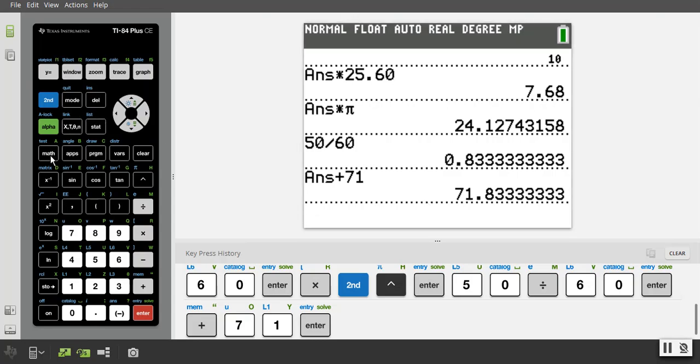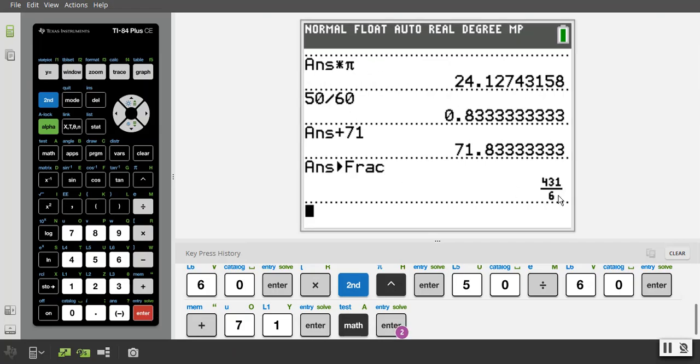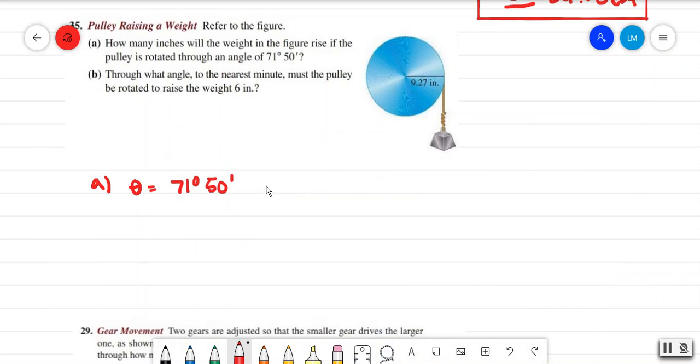So let's say that you go ahead and write it as a fraction, which is 431 over 6. So first off, this equals 431 over 6 degrees.